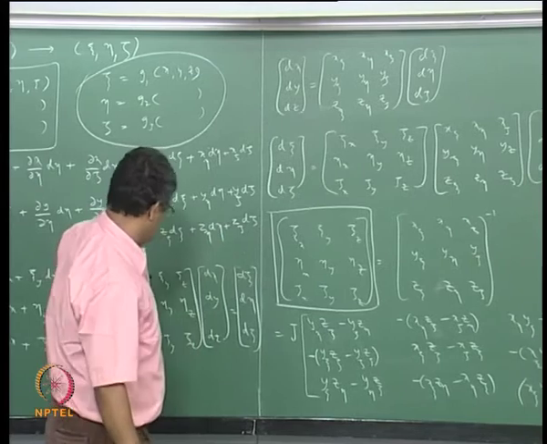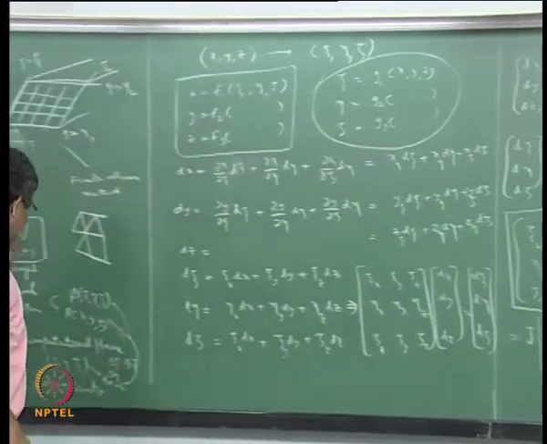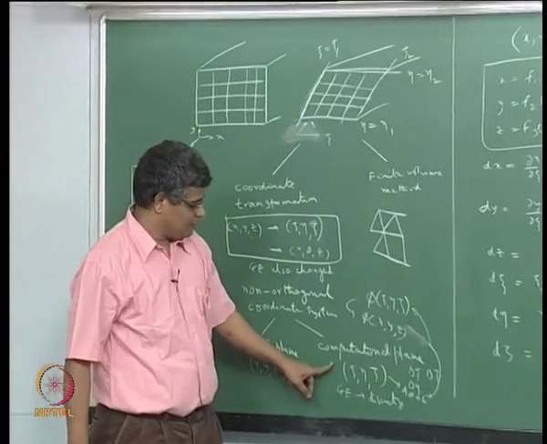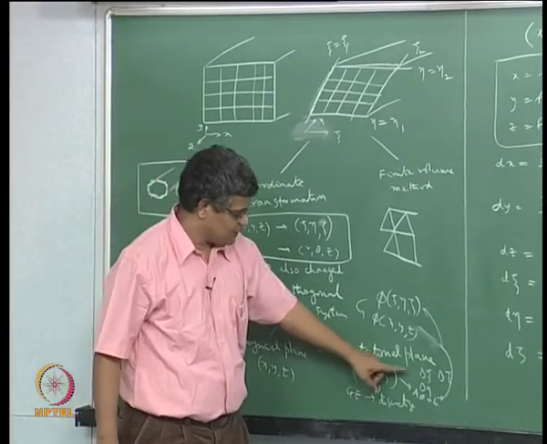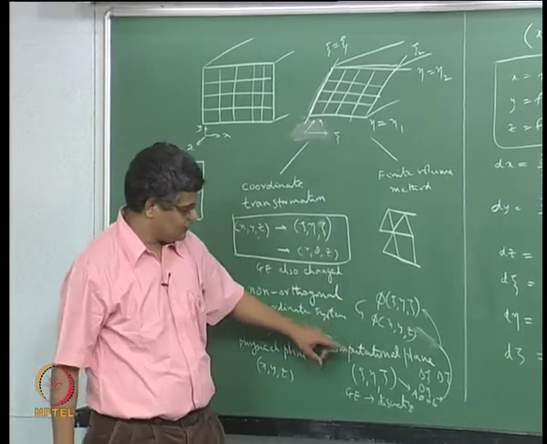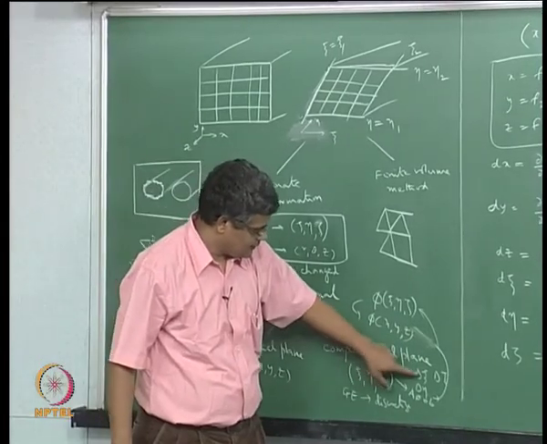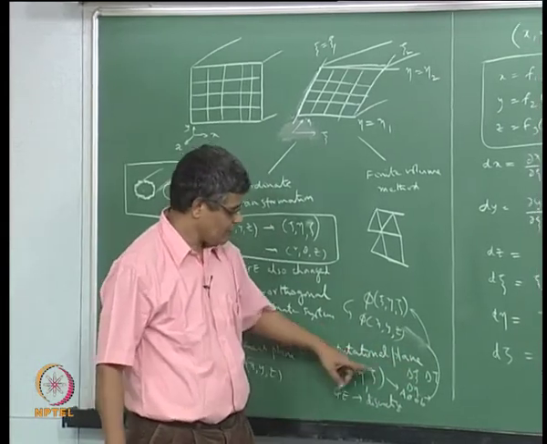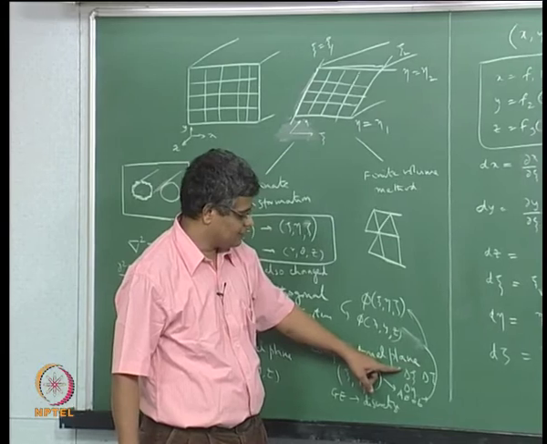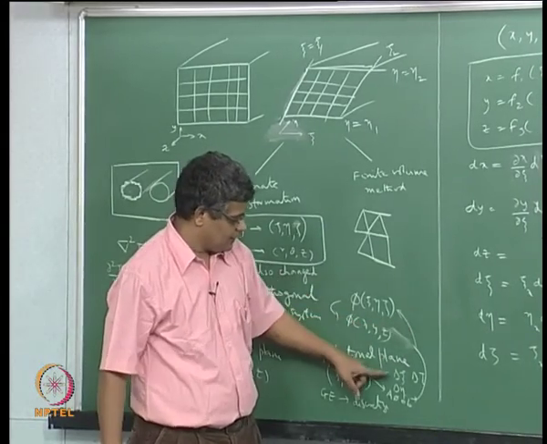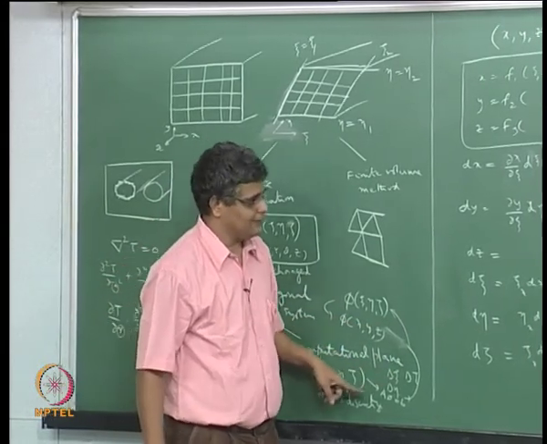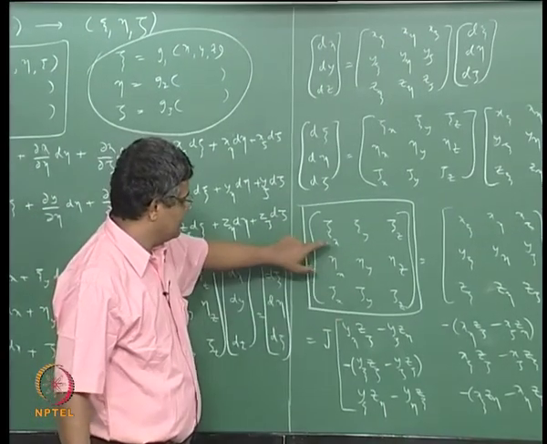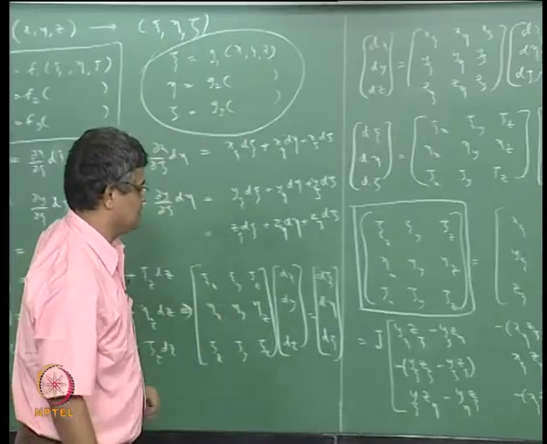Now the reason we want to do this is that when we are doing computations in the computational plane, we are going to write derivatives of the parameters of interest with respect to psi, eta and zeta. So we want to express things in terms of dou phi by dou eta, dou psi, like that, and that is where this information comes in.